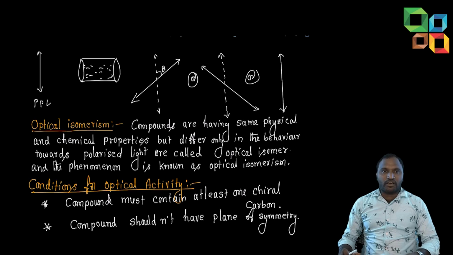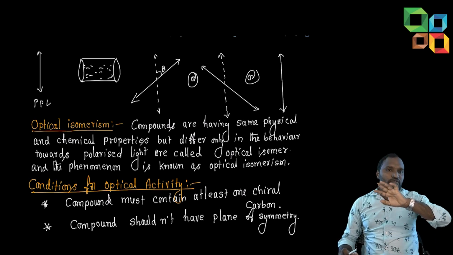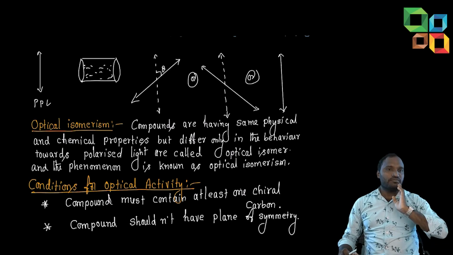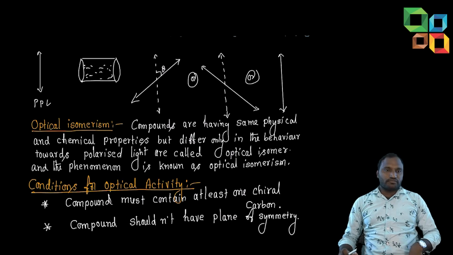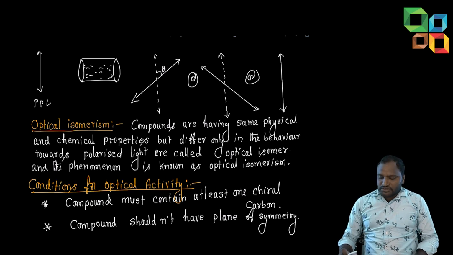See students, chiral carbon, just now I told, if a carbon is surrounded by four different groups, then that carbon is called chiral carbon. Right? The carbon must contain four different groups.